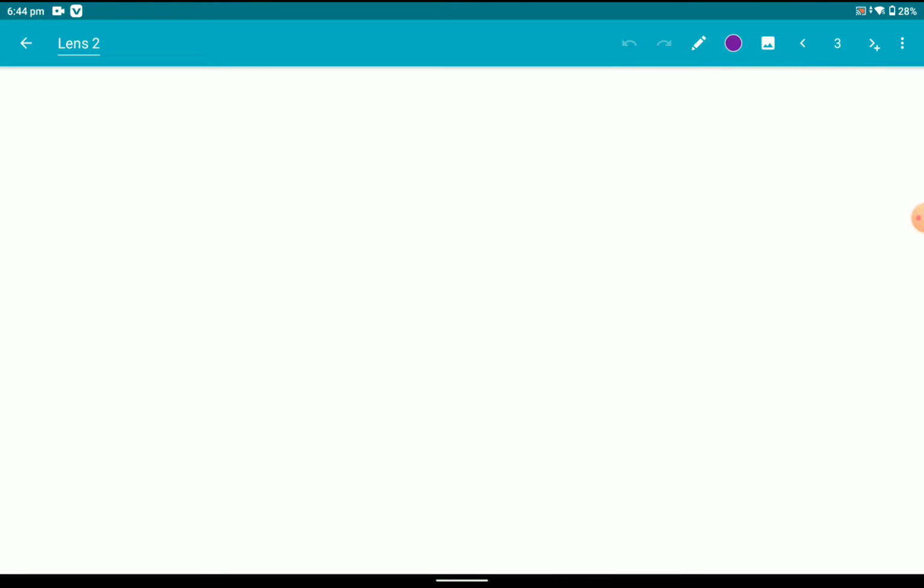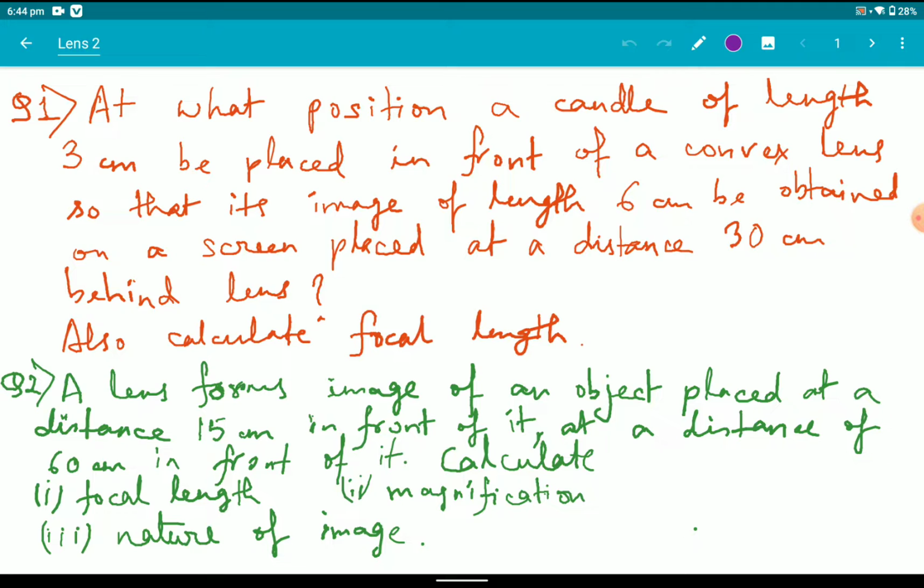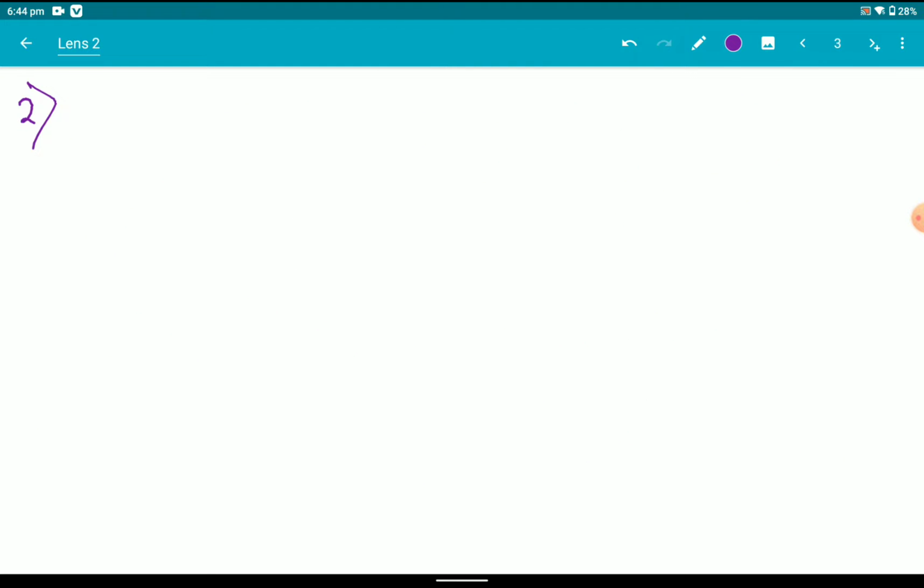So solution 2. What does question number 2 say? That a lens forms the image of an object placed at a distance of 15 centimeter in front of it. So the object distance has been given as 15 centimeter, it is taken to be negative, so let us write it down.